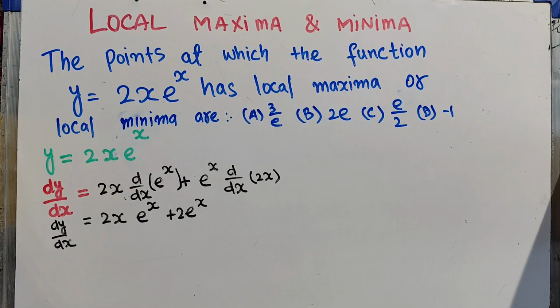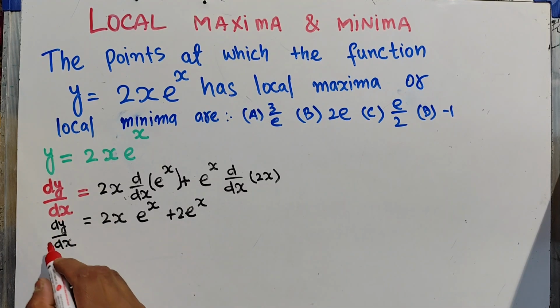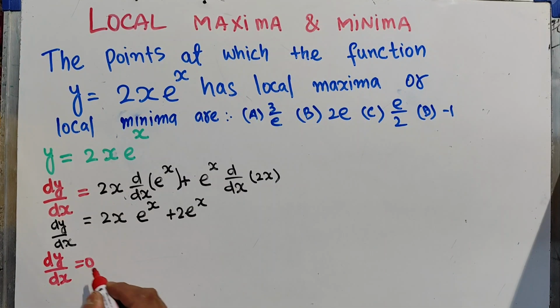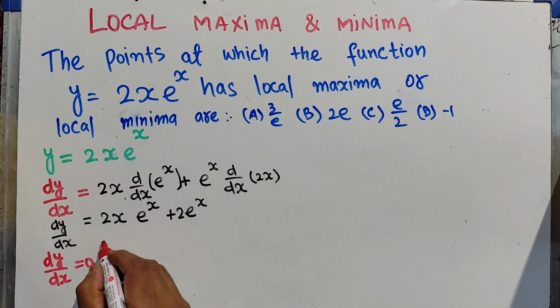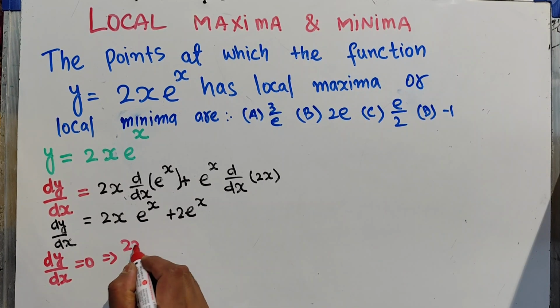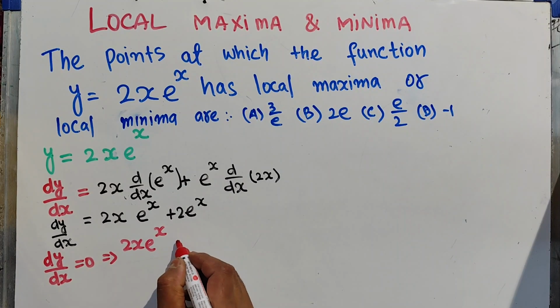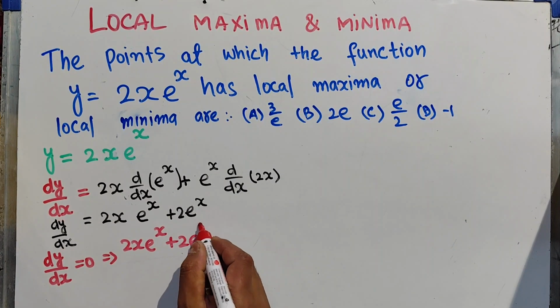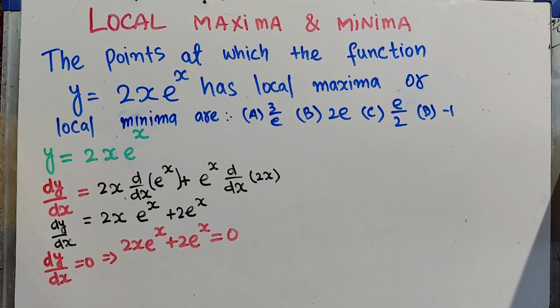Now, to find the local minima or maxima, we set the first derivative equal to 0, that is dy upon dx equal to 0, which implies 2x e raised to the power x plus 2 e raised to the power x is equal to 0.